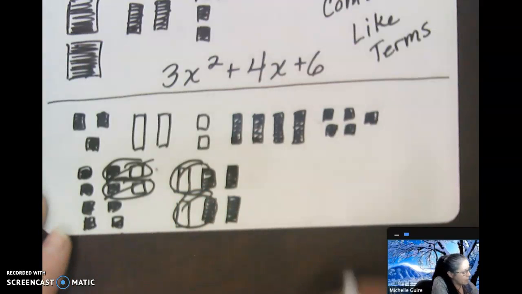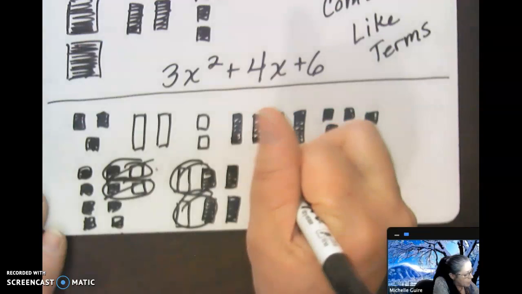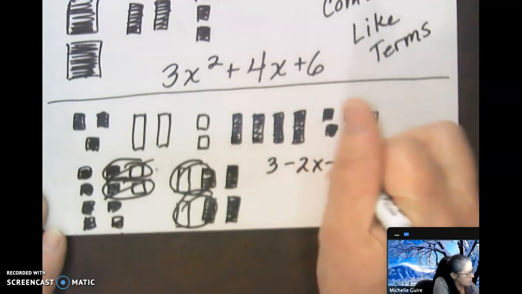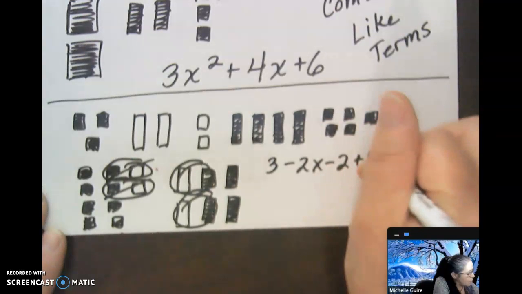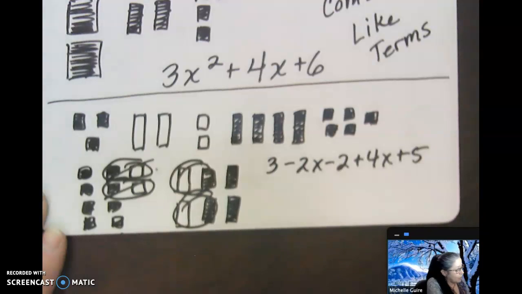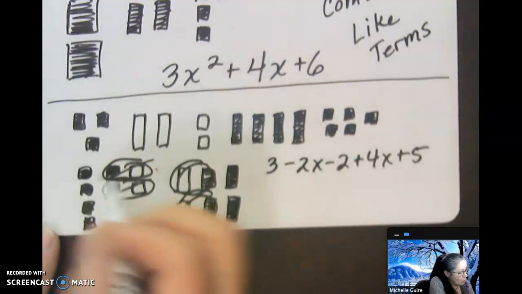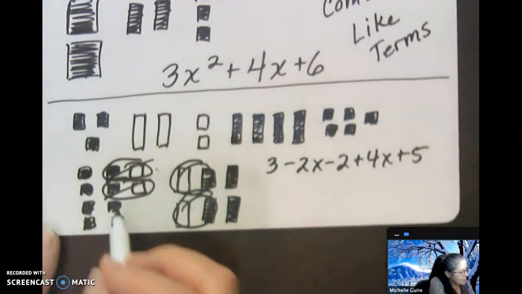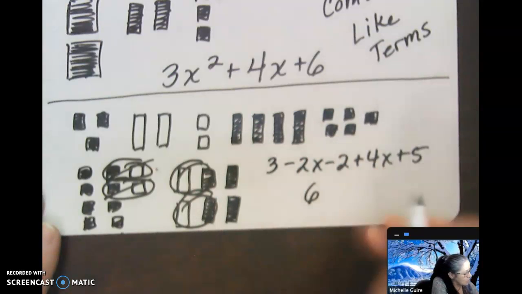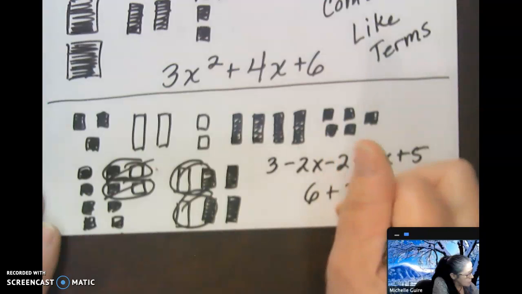So what we're left with is we had 3 minus 2x minus 2 plus 4x plus 5. And what we're left with is 6 plus 2x.